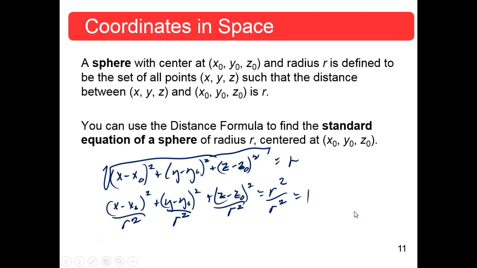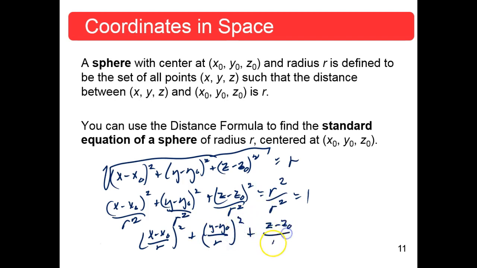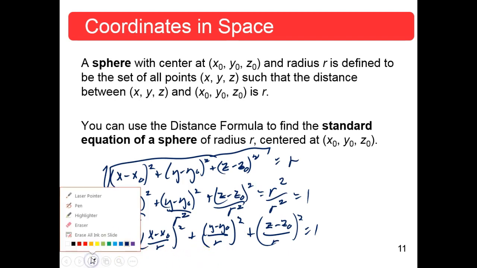And you can take that one more step, I realized, as x minus x0 over r squared plus y minus y0 over r squared plus z minus z0 over r squared is equal to 1. Okay, I think they take it one more step there. Okay. And let's see if they do indeed do that.